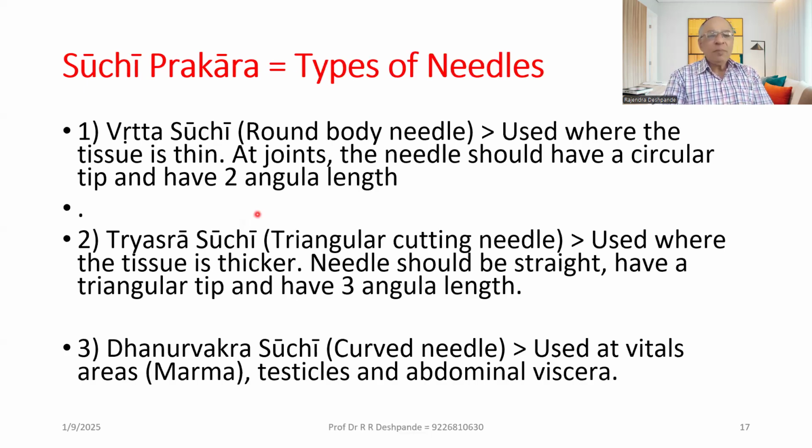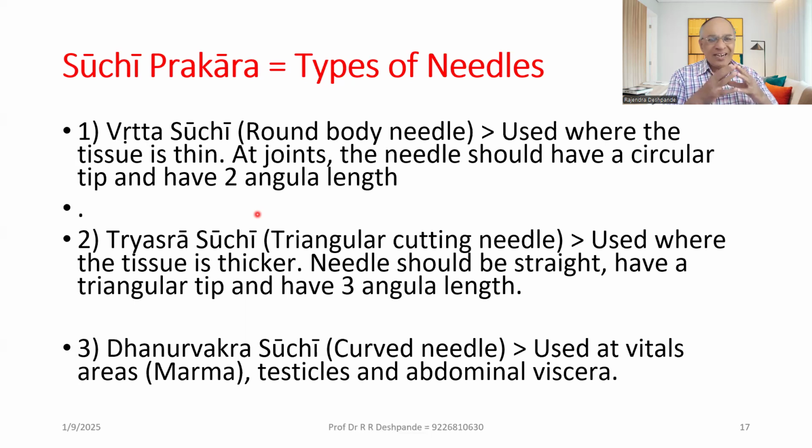Now, Suchi Prakar, types of the needles. Number one, Vritta Suchi, that is round body needle, is used where the tissue is very thin. At joints, the needle should have the circular tip and have the 2 angular length. Then next is a Tristra Suchi, that is triangular cutting needle used where the tissue is more thicker.